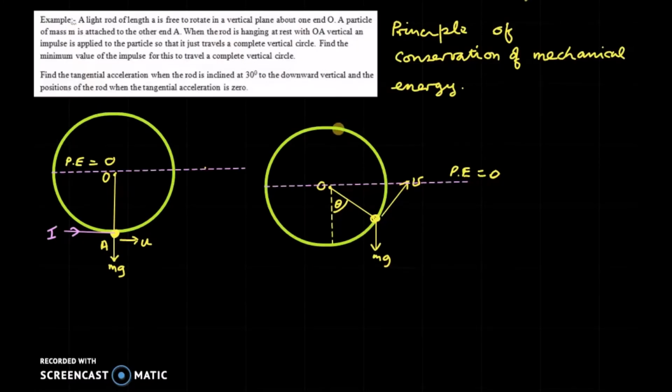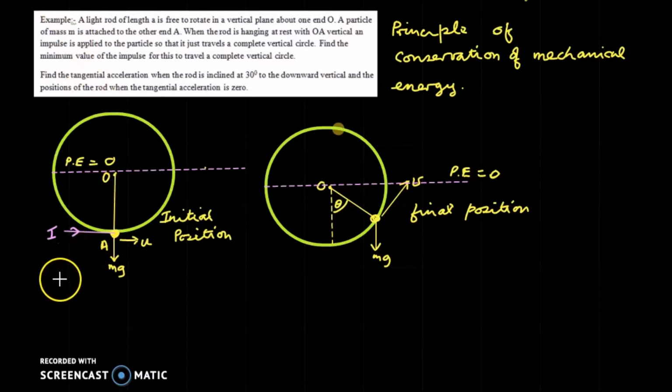First, we should know how to apply this principle. This is the initial position of the particle and the rod. This is the final position. When we apply this principle, we have to equate the initial total mechanical energy to the final total mechanical energy. Now, what is the mechanical energy?